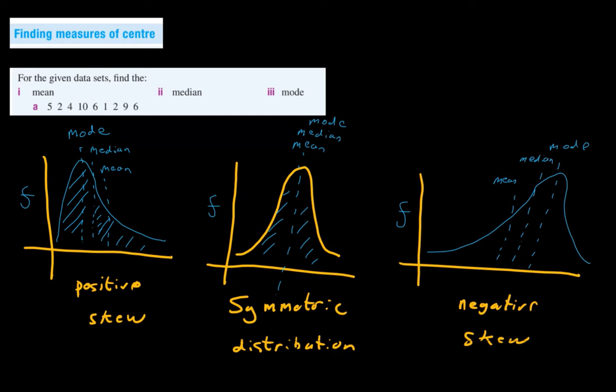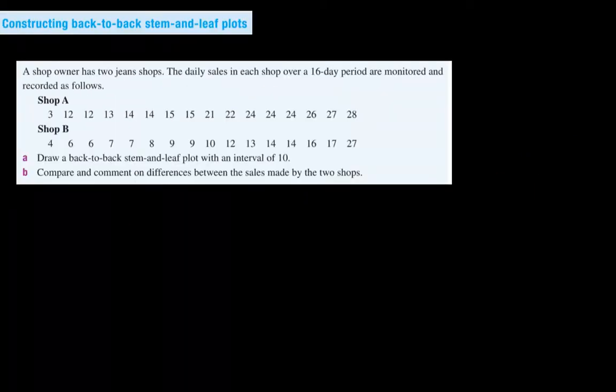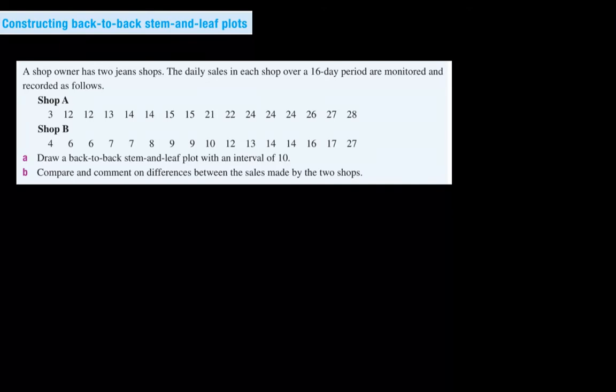Okay, so a distribution is a function which tells you everything that's happening for every piece of data. Let's have a look at stem and leaf plots. A shop owner has 2 jeans shops. The daily sales in each shop over a 16-day period are monitored and recorded as follows.